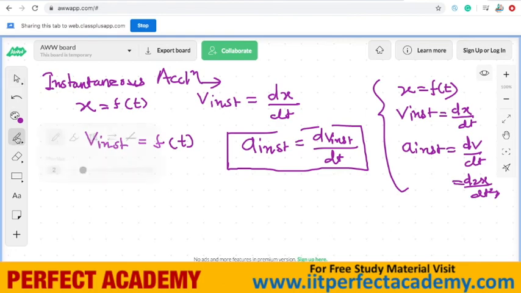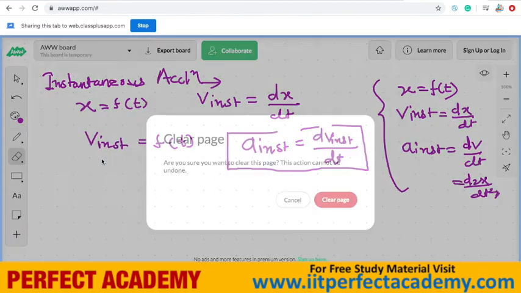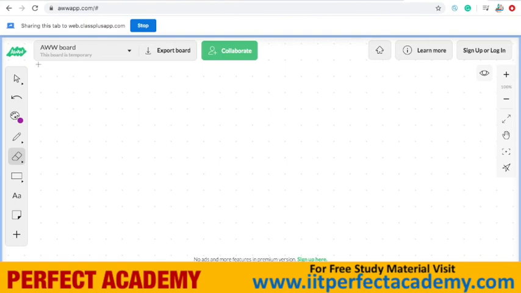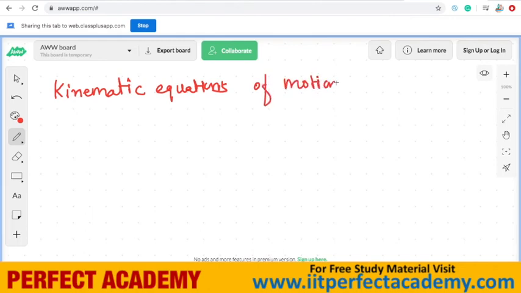Now by using these definitions or these basic terms, we have three kinematic equations, and these kinematic equations of motion I'll be deriving by assuming one thing, that they are for motion with constant acceleration.